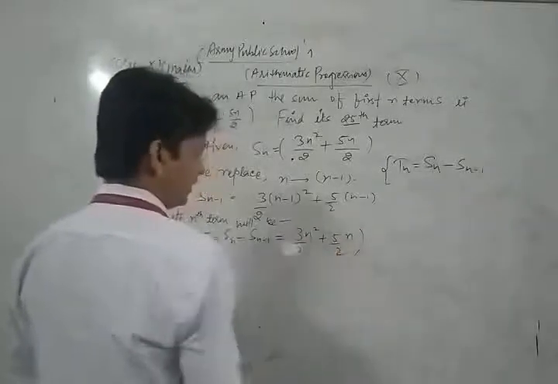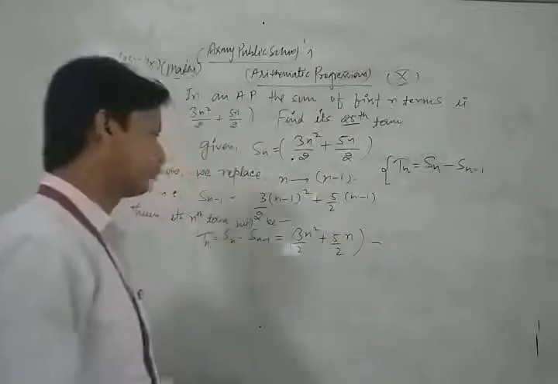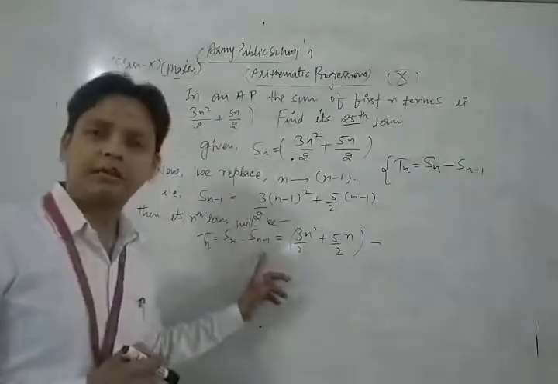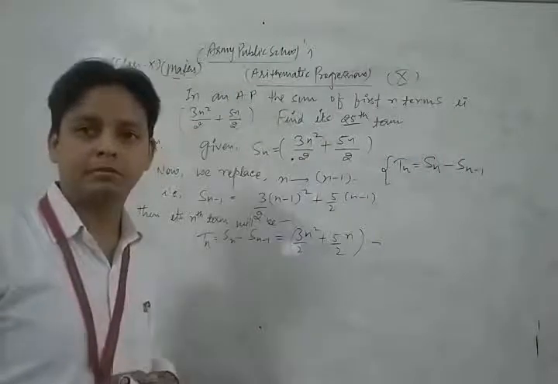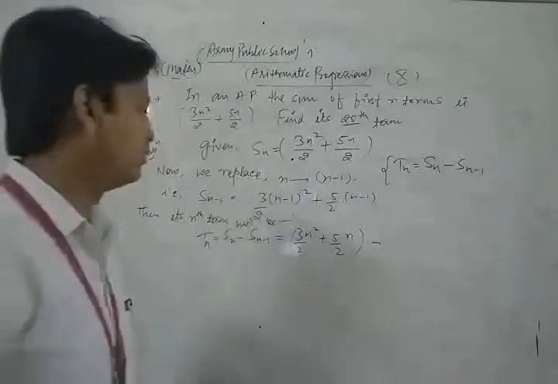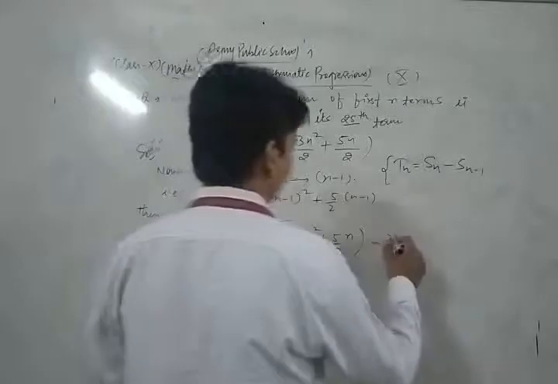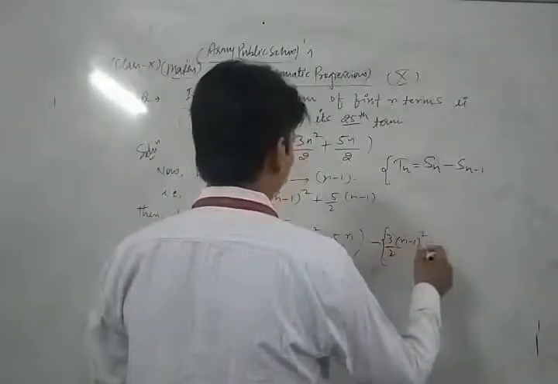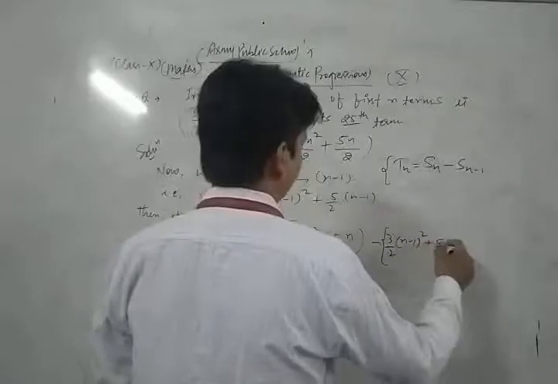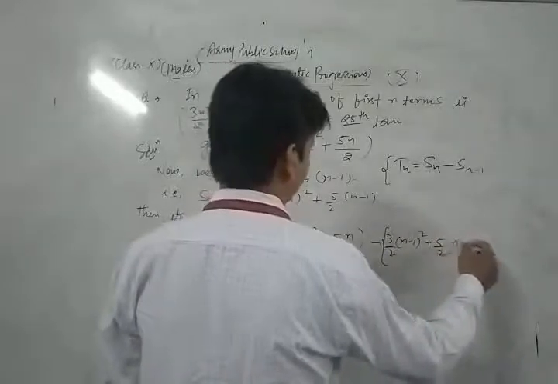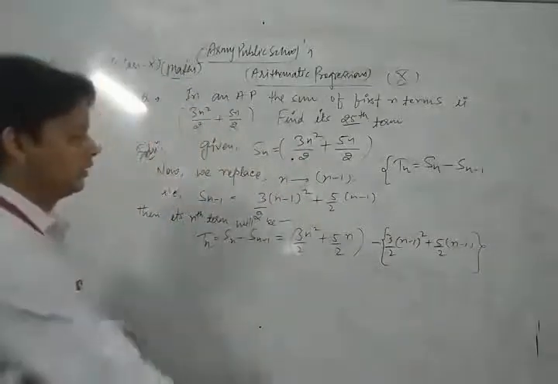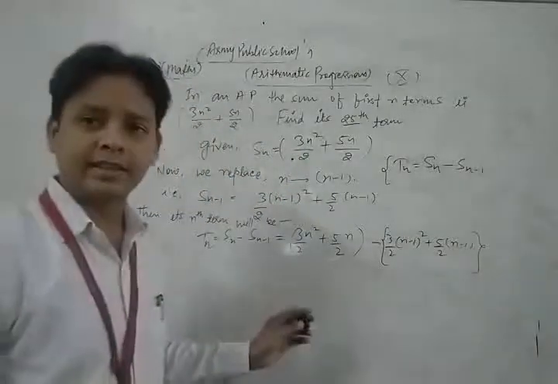And also, dear students, we find the value of the sum of n minus 1 terms by replacing n with n minus 1. So here we put the value of Sn minus 1, which is 3 by 2 into (n minus 1) whole square plus 5 by 2 into (n minus 1). We just put the values of Sn and Sn minus 1.